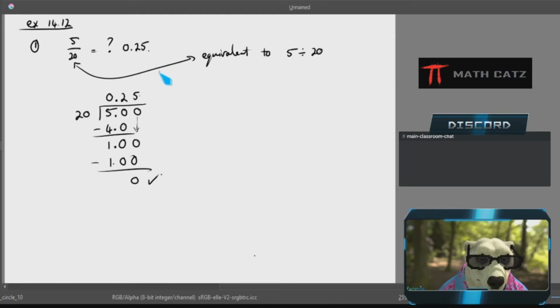Now, yes, there are other ways to do this. You could look at an equivalent fraction and put it over a power of 10, but that's not always going to be so easy to do. In this case, we start with a nice simple example. Long division will always get me there. And then the benefit of having a decimal number instead of a fraction is when I do the arithmetic, it works in the same way with our methods that we've established before when we look at our number system.